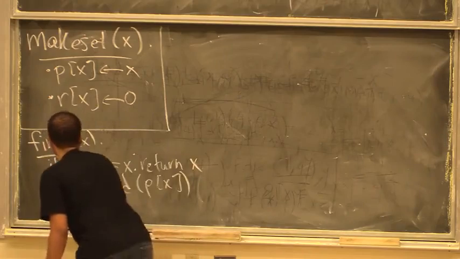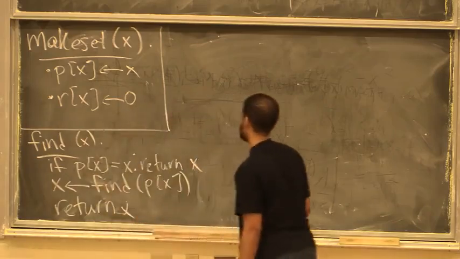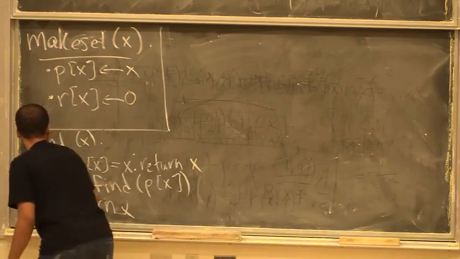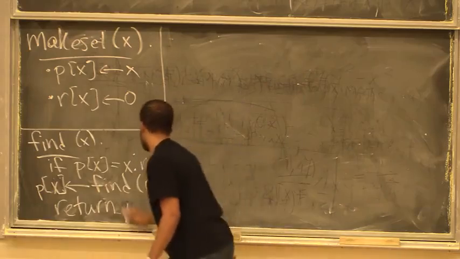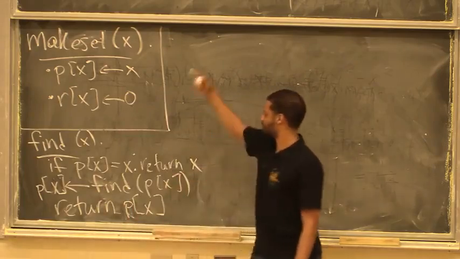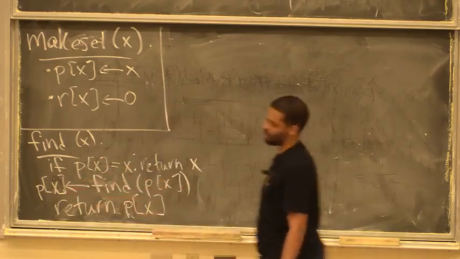And then that's path compression, and then I return x. Or actually, I should say p of x gets set to be find p of x, and then I return p of x. So I recursively find upward in the tree. Whatever that recursion returns is my new parent, and then I return my parent.